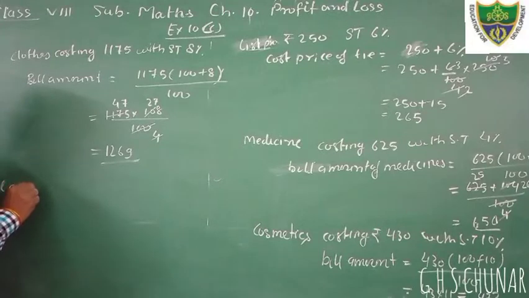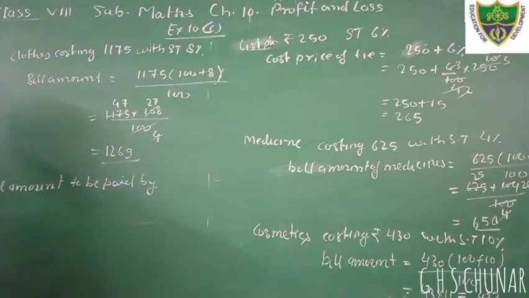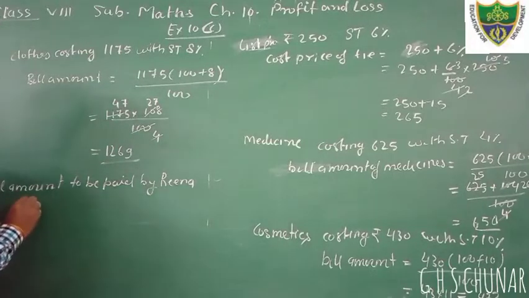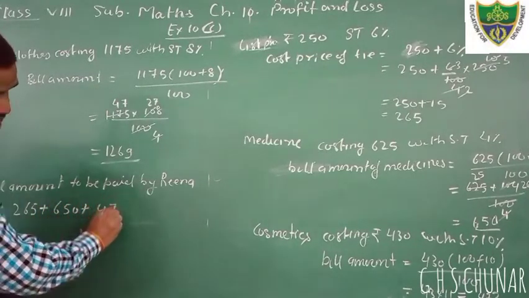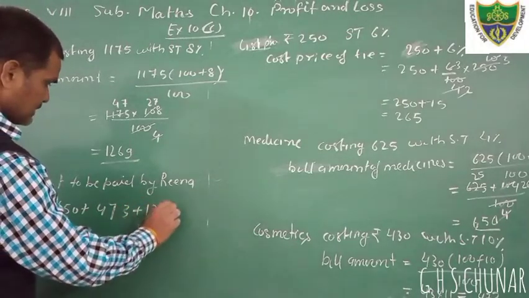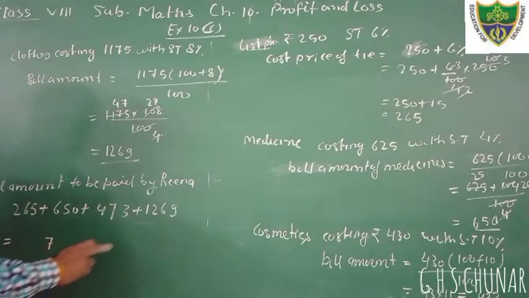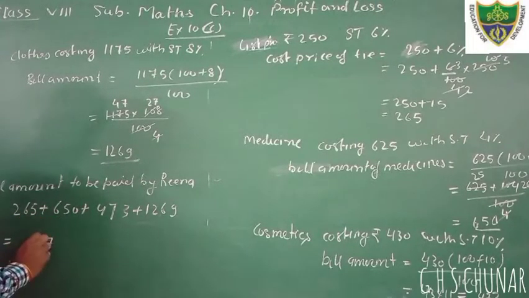Now the total amount to be paid by Reena is 265 plus 650 plus 473 plus 1269, which is equal to 2657.